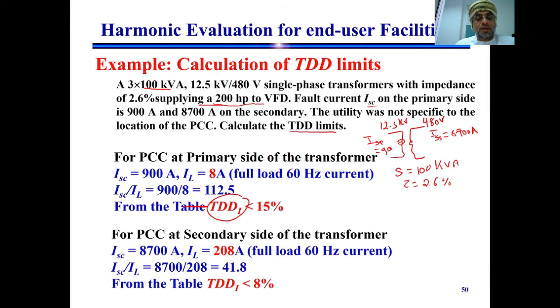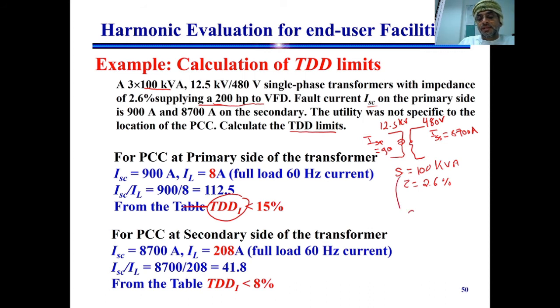Of course, to calculate the total demand distortion, we need to find the ratio of the short circuit current compared with the maximum load current. We know that the short circuit on the primary side is 900, and the load current will be 8. Now how do we obtain 8?